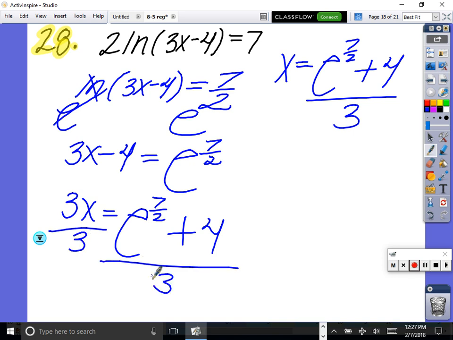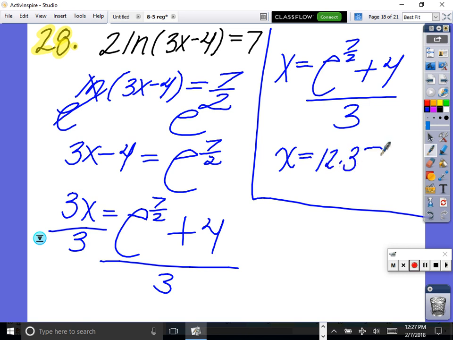So now when you go to type this into your calculator, make sure you hit e to the 7/2 plus 4, hit enter, and then divide by 3. Otherwise, your calculator is not going to do it right. Or else use parentheses around the top. If I want that answer, and also 28's decimal answer, you'd say also x is equal to 12.37.